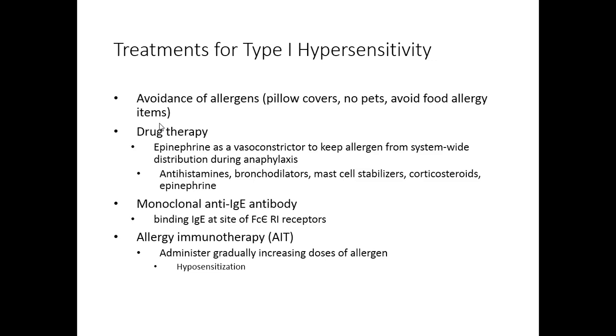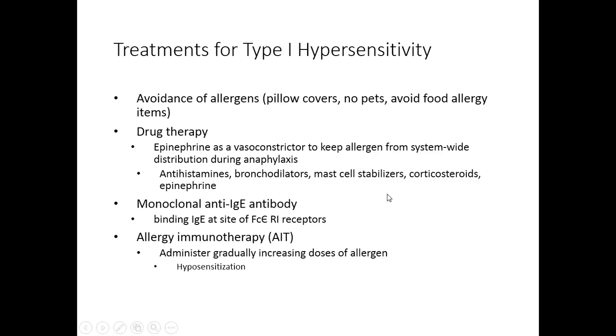There are monoclonal anti-IgE antibodies like omalizumab. Let me see if I can say it again. Omalizumab, which binds to, this is an interesting anti-IgE antibody in that it binds the Fc portion of IgE that would normally bind to the Fc epsilon R1 receptor.